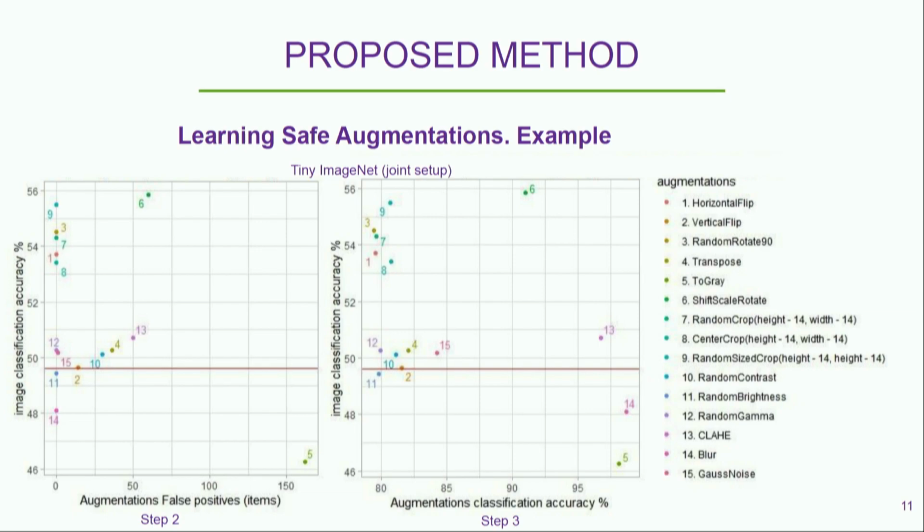It has 0 false positives and also really low augmentation classification accuracy. And you can see how it adds to the overall image classification accuracy. On the other hand, if you take blur, number 13, it also has 0 false positives, but it has really high augmentation classification accuracy. And you can see that the accuracy of the model trained with blur is even lower than trained without any augmentations.